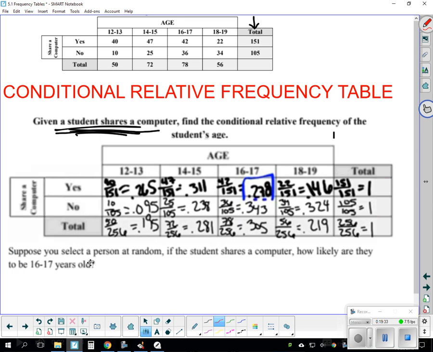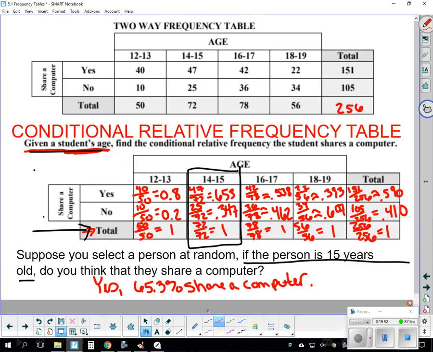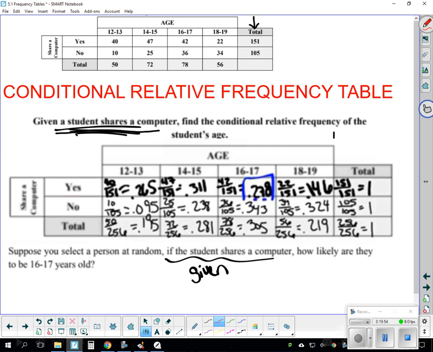Suppose you select a person at random. If the student shares a computer, how likely are they to be 16 to 17 years old? So here's your given. We are given that they share a computer. So that means we are looking at conditional relative frequency based on this chart, not this one. Okay, it's all about what you're given.